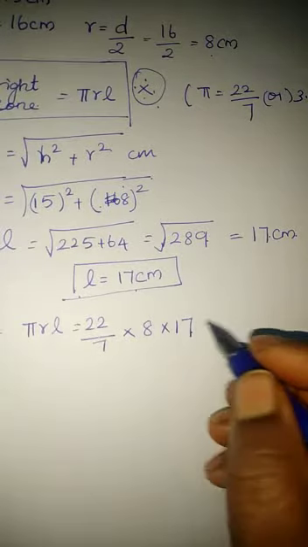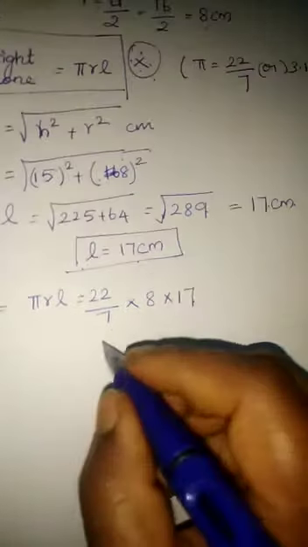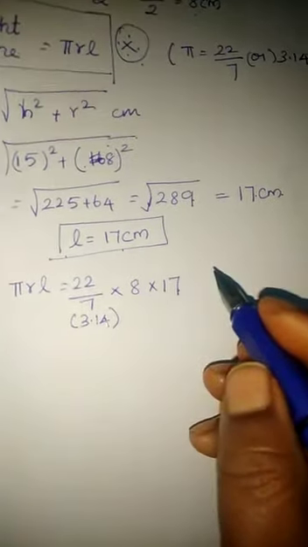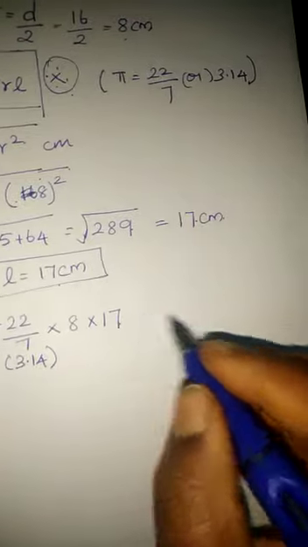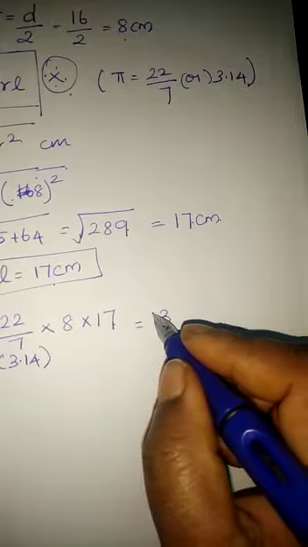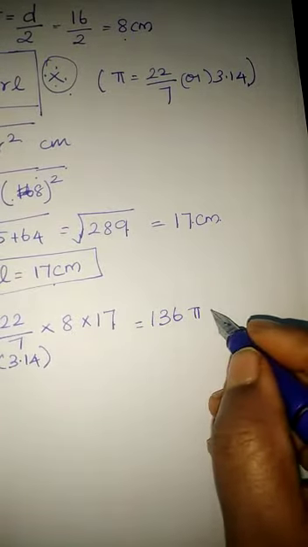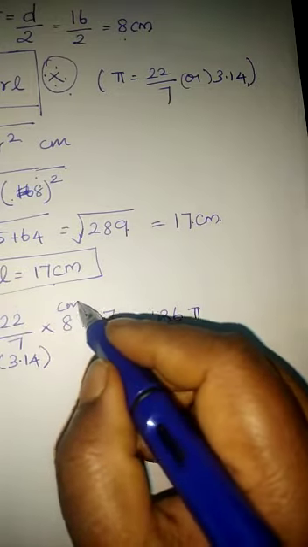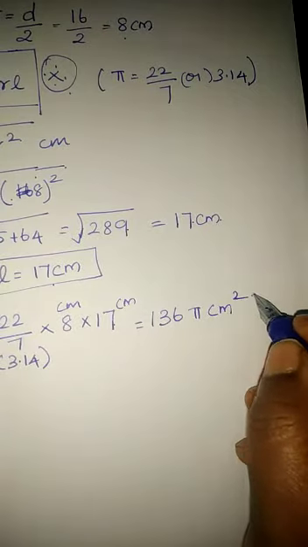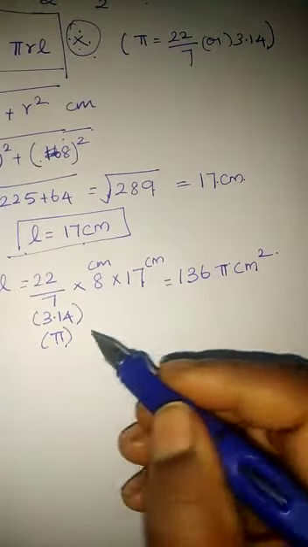If we take 3.14, just multiply this. If you multiply this, we get the answer 136 pi. Here centimeter, here centimeter, so centimeter square. Here they kept pi as same.